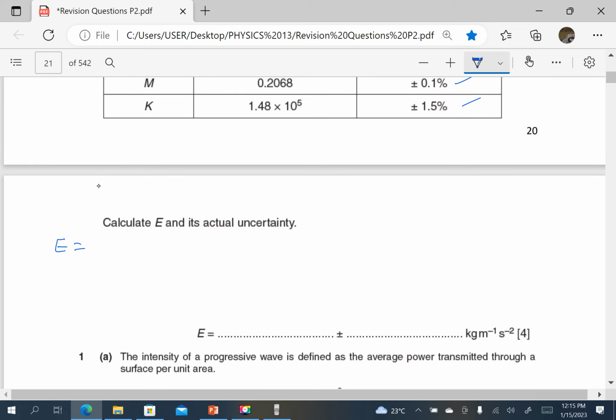So E is equal to K squared ML cubed over T squared. I'm substituting.